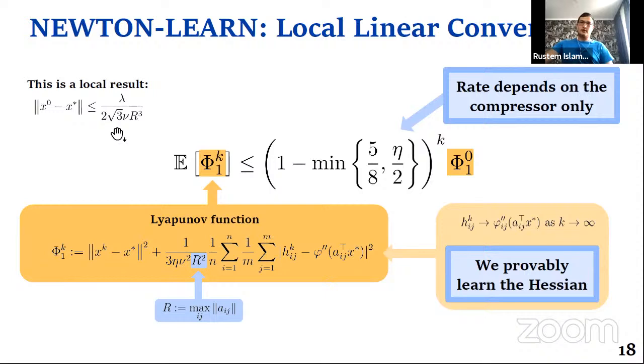Actually, here we can look at the regularization parameter lambda as a strong convexity constant, and nu times r to the power of 3 can be connected to the Lipschitz constant of the Hessian.